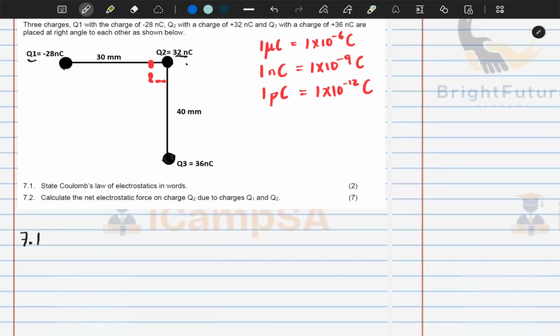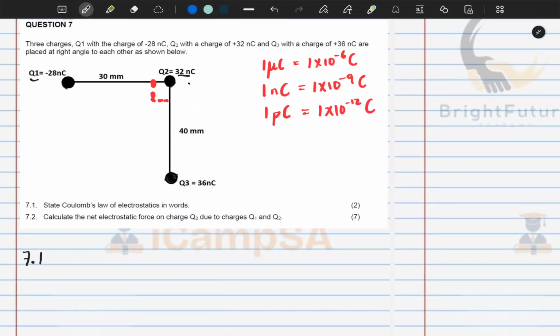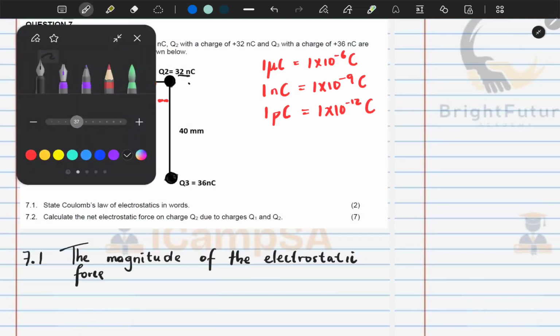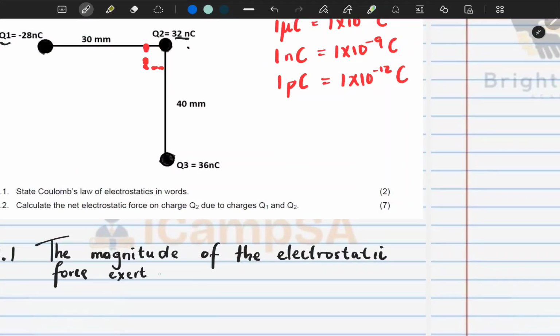So you would write that for 7.1. Officially you would say the magnitude of the electrostatic force exerted by one point charge, you can call this charge Q1 or Q2, on another point charge.